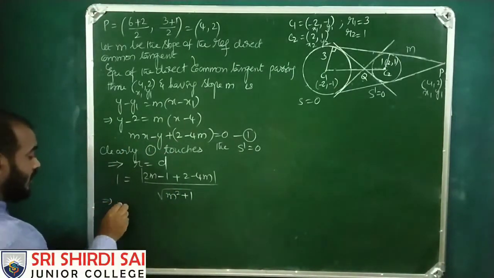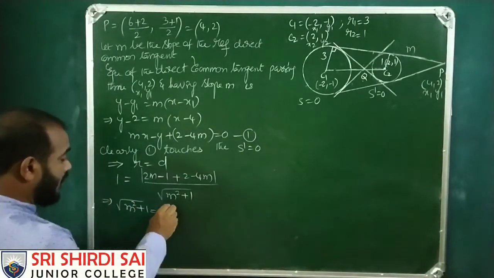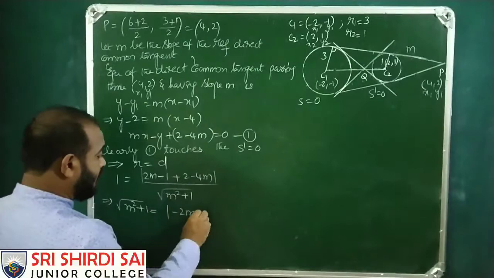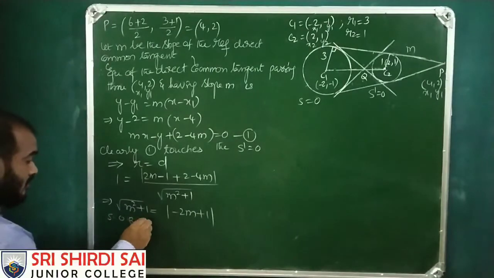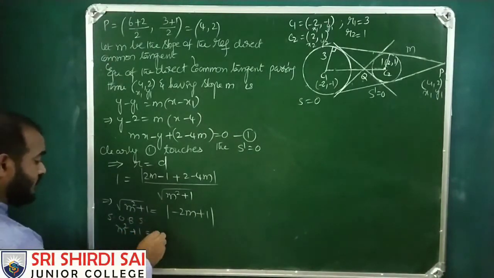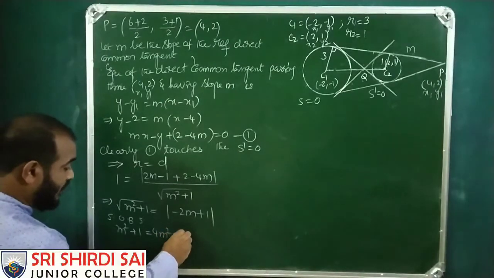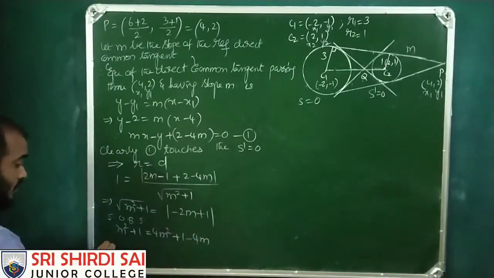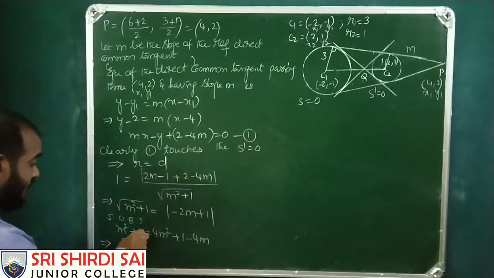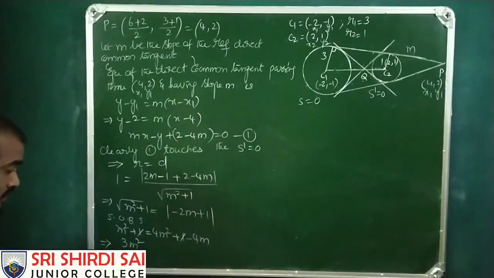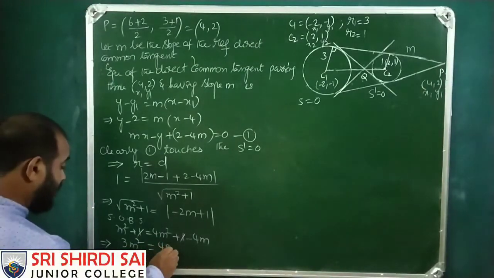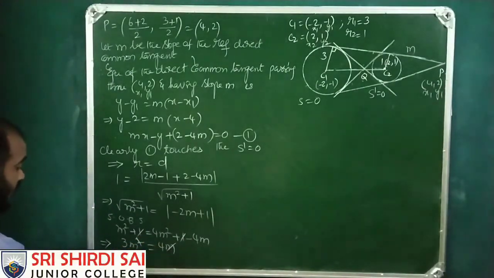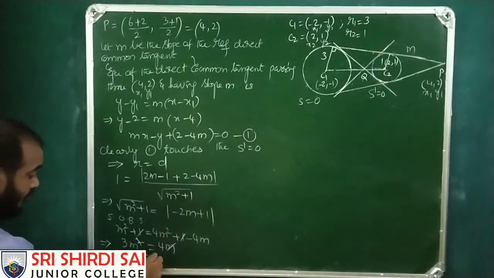So cross multiplying, m square plus 1 is equal to the square of 2m minus 2 plus 1. Squaring on both sides, m square plus 1 equals 4m square plus 1 minus 4m. So 4m square minus m square is 3m square, equal to 4m. So 1 gets cancelled, m gets cancelled. Therefore m equals 4 by 3.